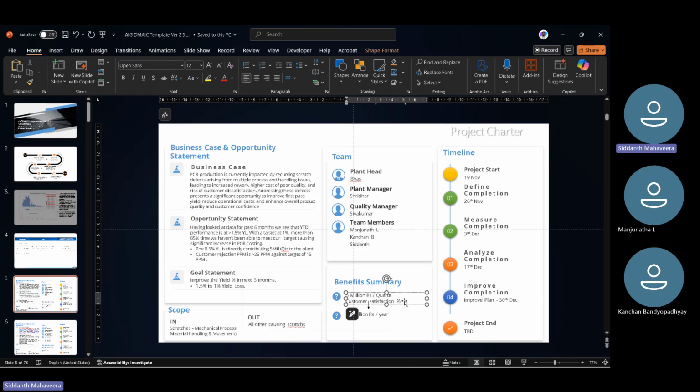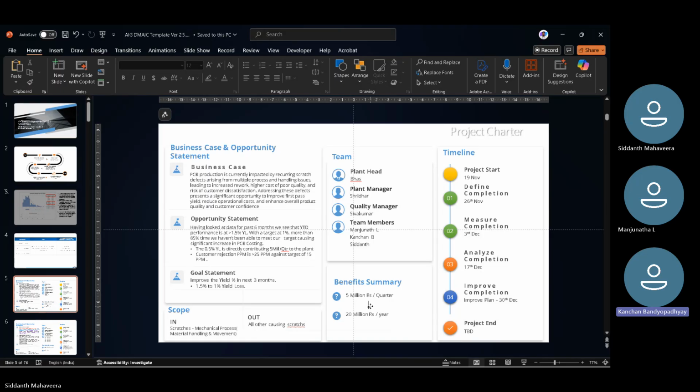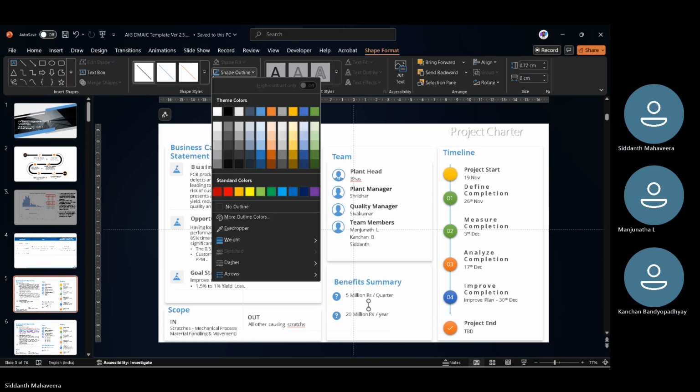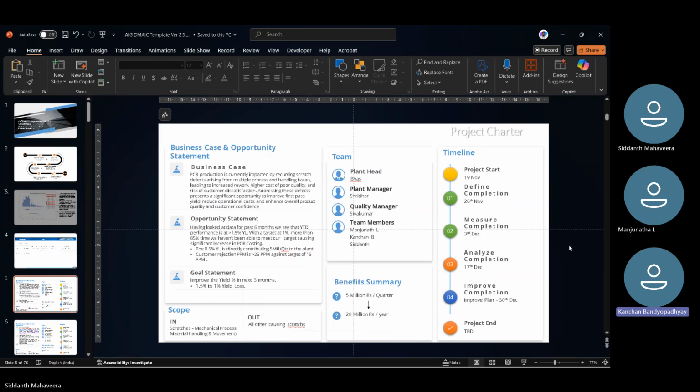Customer satisfaction is measured in PPM, but we are improving that yield. For 1% we are saving scrap, which directly correlates to cost. The internal yield is directly correlated to customer satisfaction. Okay, so we can keep only the 5 million per quarter or 20 million per year.